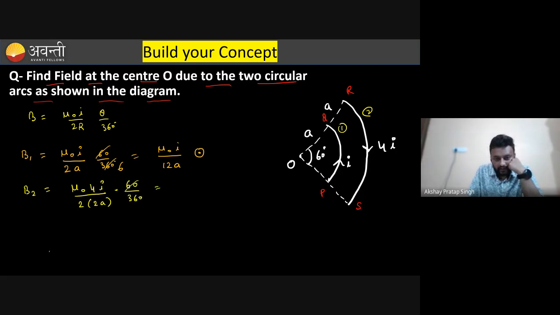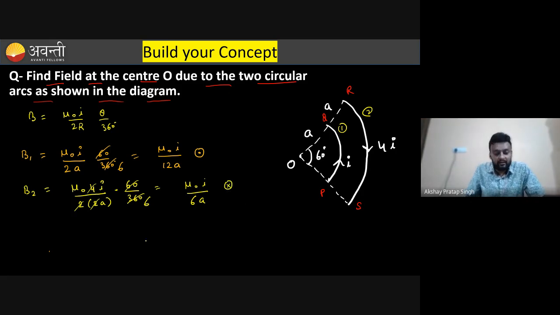So if you can solve it, this is 6. This 2 and 2, 4 and 4 will be cancelled. So that is mu naught I by 6A. And the direction of this field will be inward.